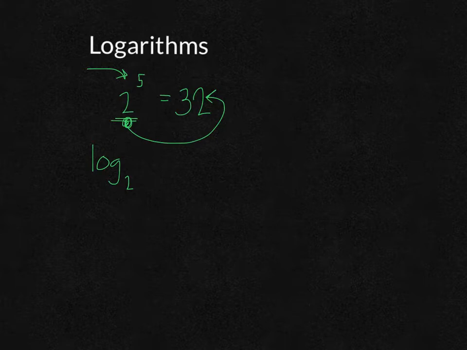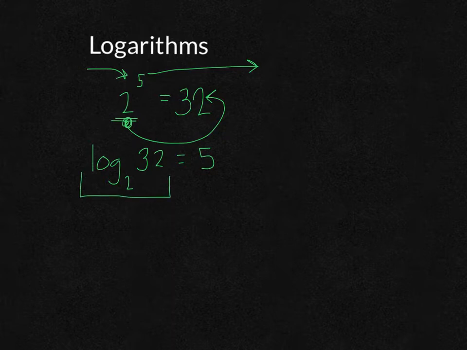So log base 2 of 32, and then the power gets pushed out to the other side. So this whole logarithm expression is what the exponent is equal to.